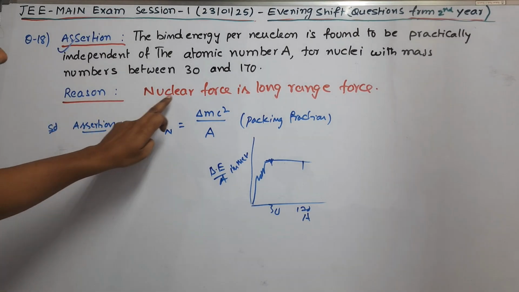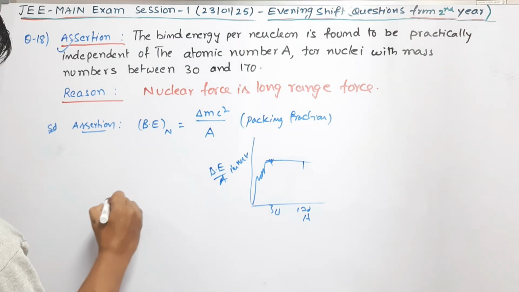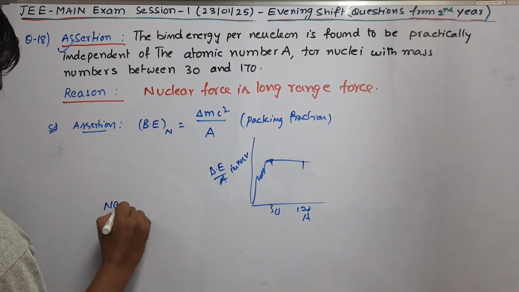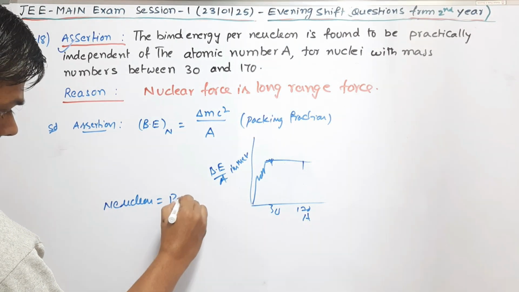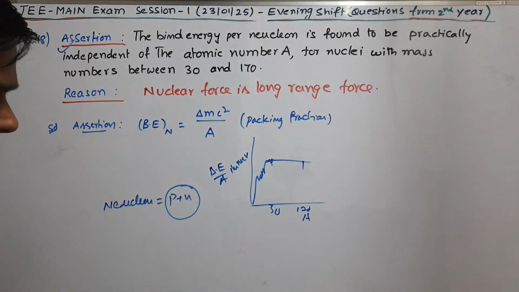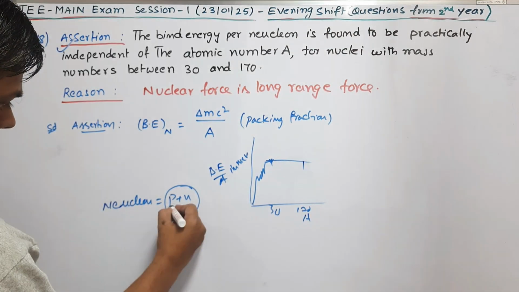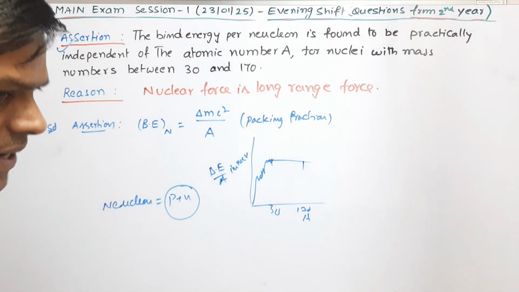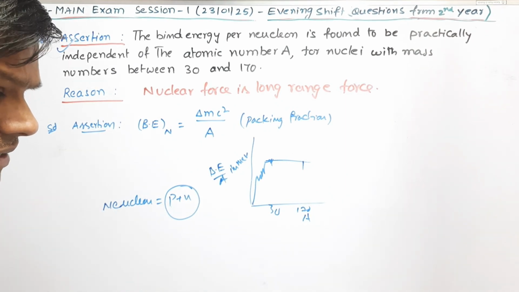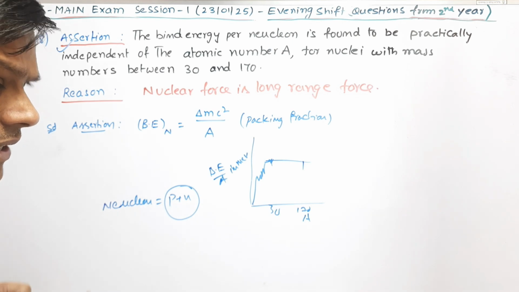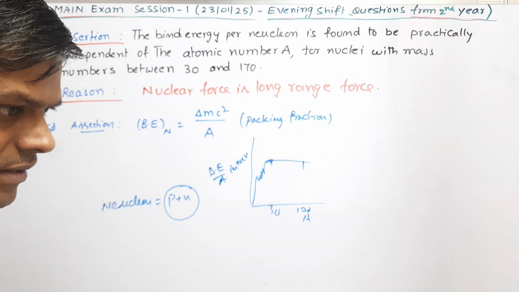Next is the reason: nuclear force is of long range nature. Nucleons are the protons and neutrons, collectively called nucleons because they lie inside the nucleus. Protons are electrostatically repulsive in nature, but protons and neutrons lie inside the nucleus, and so the nucleus exists, and then atoms and matter exist.